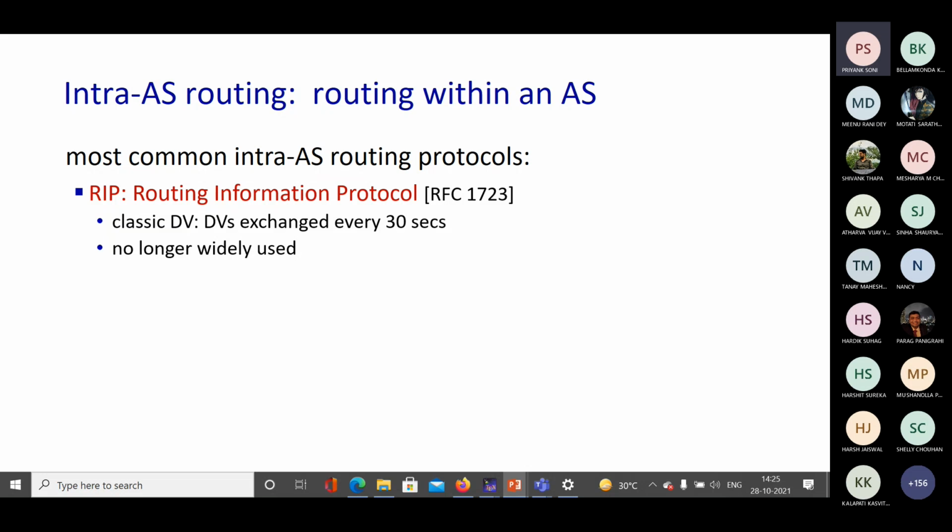It is a classic distance vector routing protocol, where the distance vector information is exchanged between different routers periodically every 30 seconds. It is no longer widely used, but if you still want to take a reference, you can check RFC 1723, where you will get the information about Routing Information Protocol.